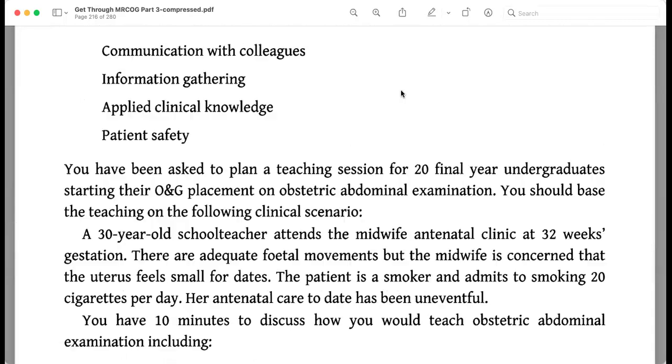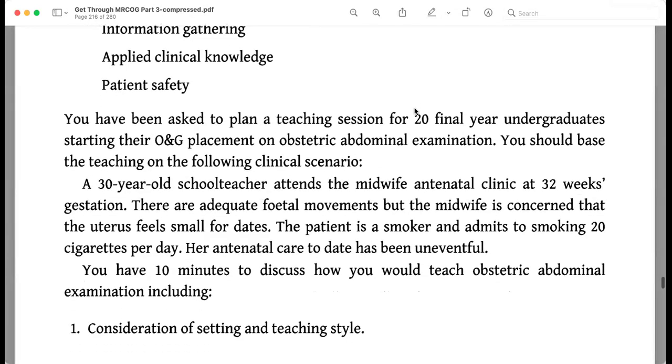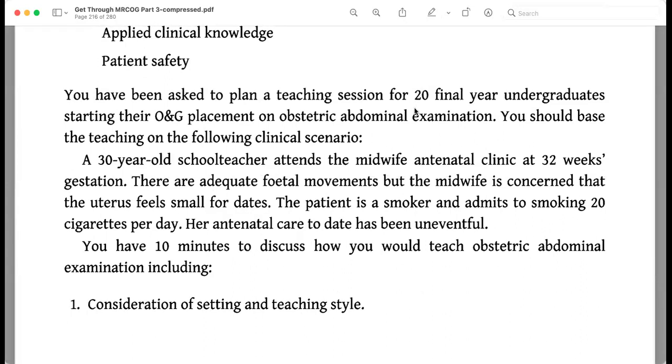With this case, I will project it onto the whiteboard, and with the background of this case, they can discuss and brainstorm the possible anticipated problems: what are the risk factors for small for gestational age, and what are the possible causes of small for gestational age?